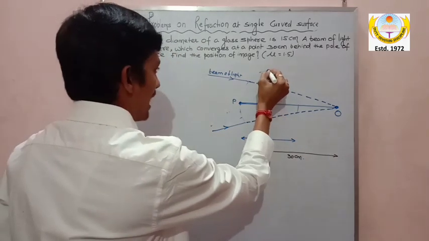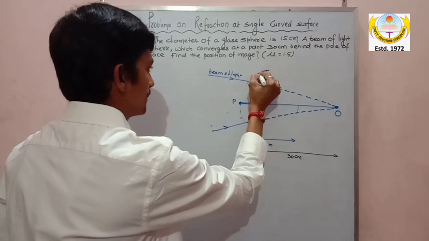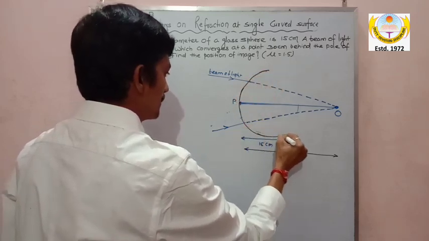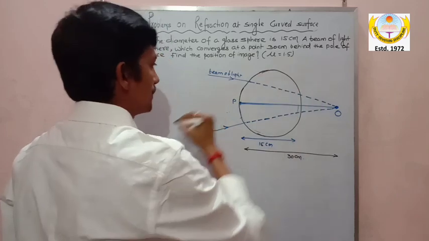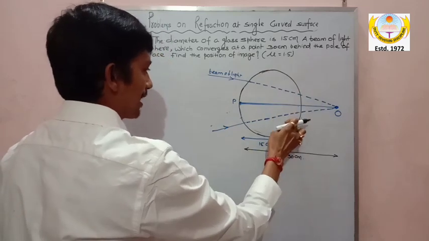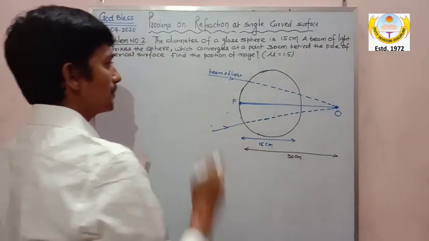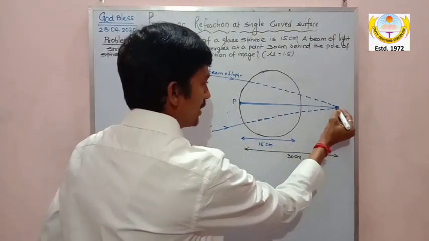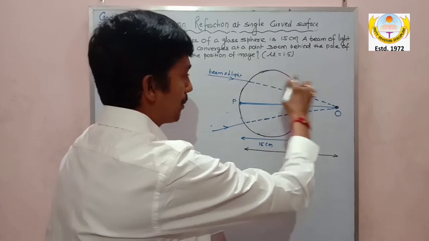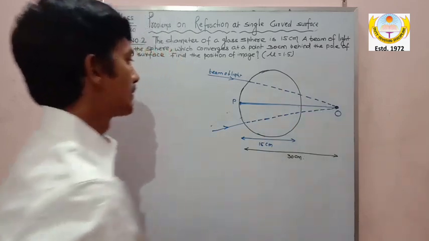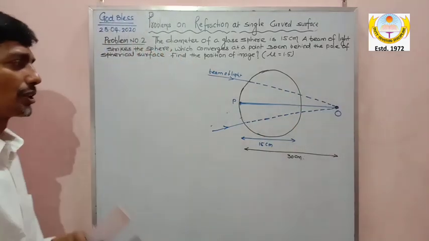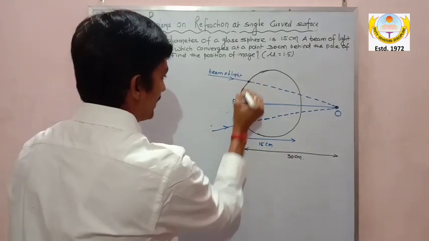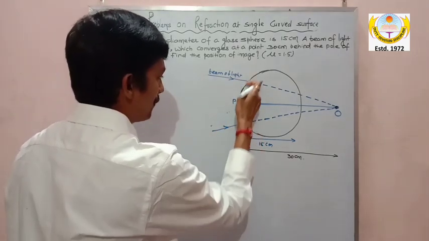Now let us draw the glass surface. Now I draw the glass surface, my dear. You can see now the glass surface, and the light converges to a point O. So now my dear, in this question, you all know that you can see the ray will be refracted from the first surface.